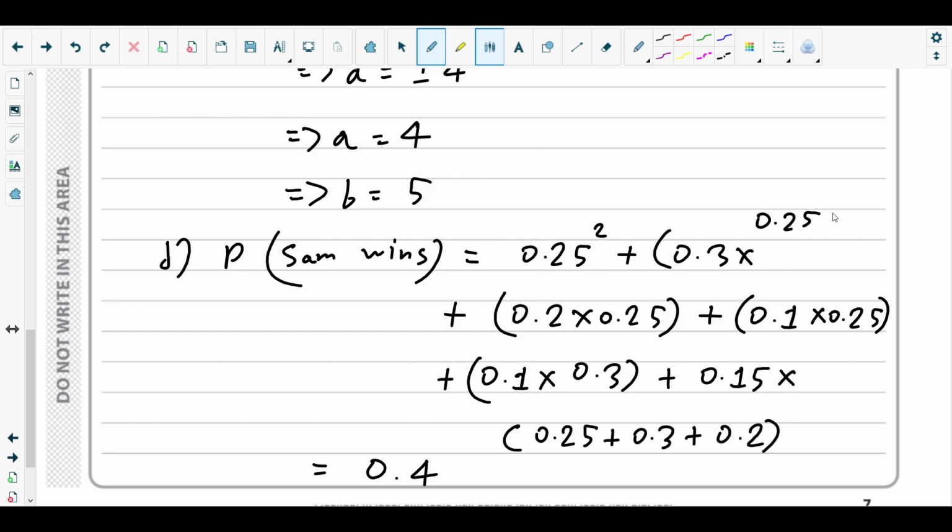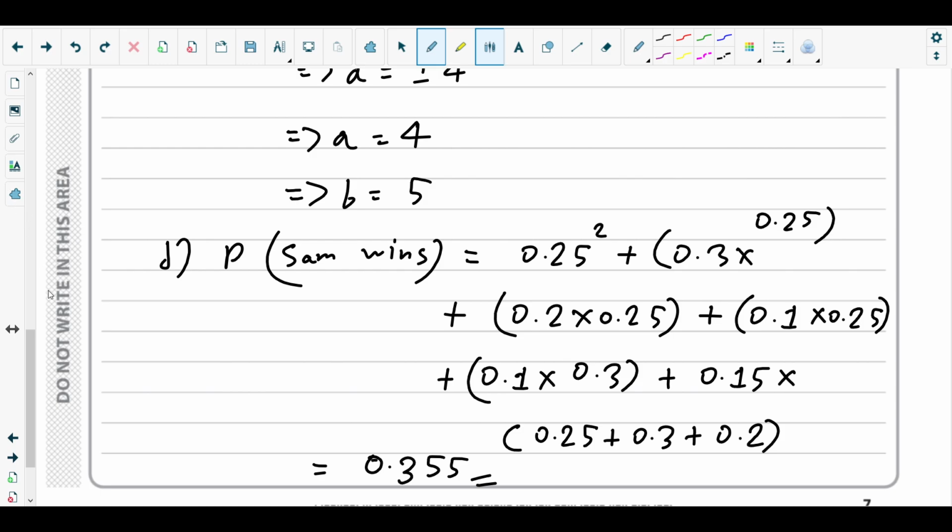So from 0.4 we subtract 0.3 times 0.4, which was used earlier, and add 0.3 times 0.25. You will get 0.355. It's not 0.4, it should be 0.355, and that's the answer.